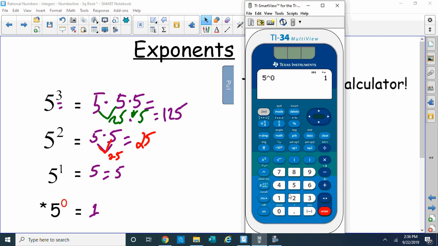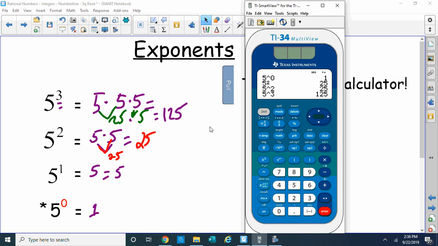There's the value 1. 5 to the second power, there's an exponent button of the 2 over there, next to the 7 on some calculators, over there by the square root sign on this calculator. That is equal to 25, and I could use 5 to the little caret button, 2, and I'll still get 25. So that little caret button works as well. 5 to the third power, and that's 125.